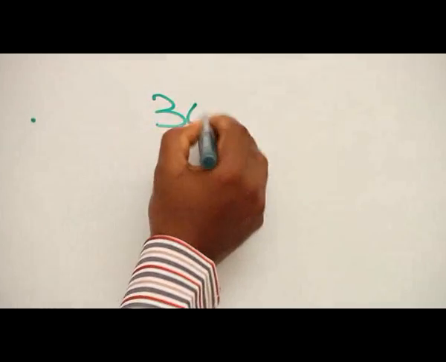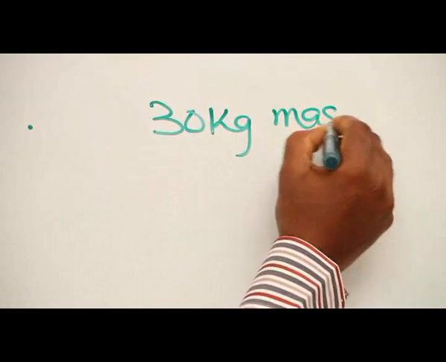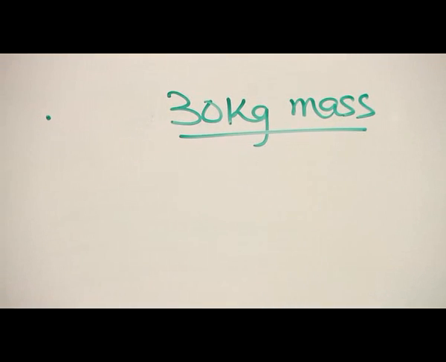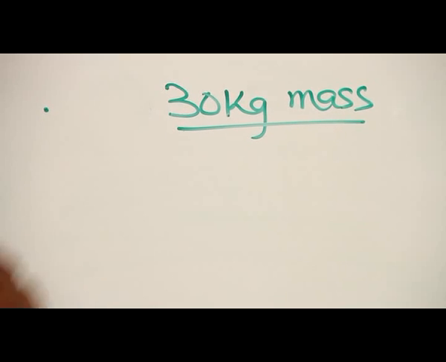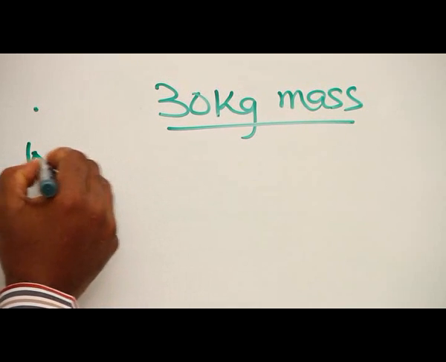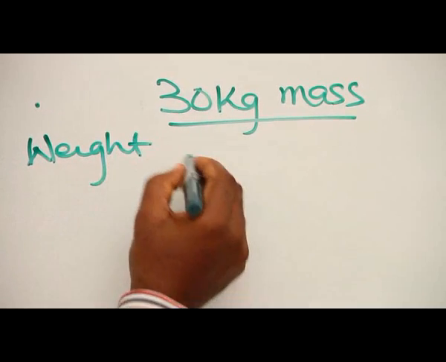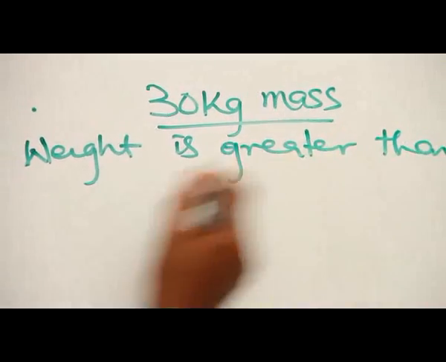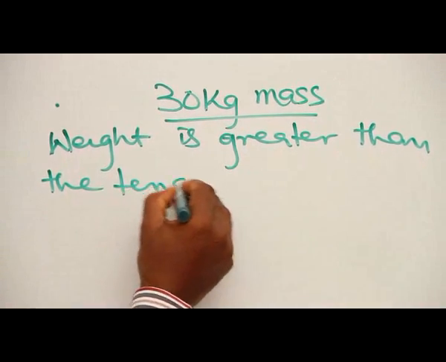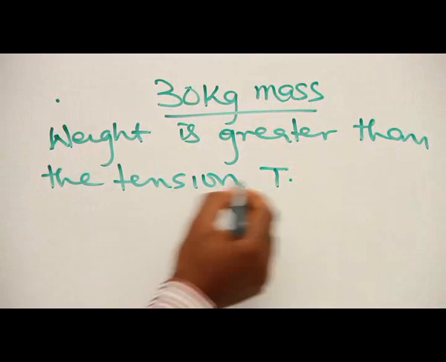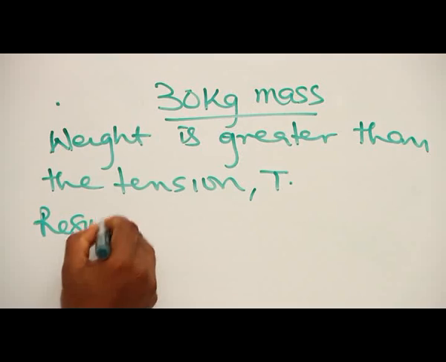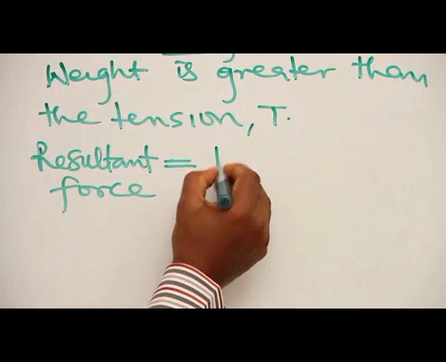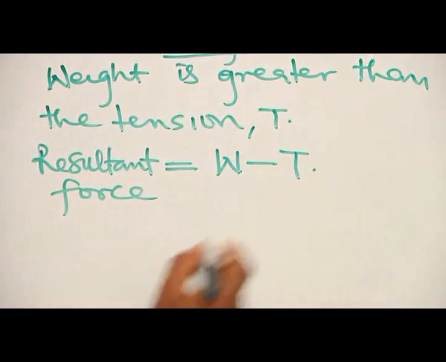For the 30 kilogram mass, since it accelerates downward, the weight is greater than the tension on this rope. Resultant force on it is the weight minus the tension.